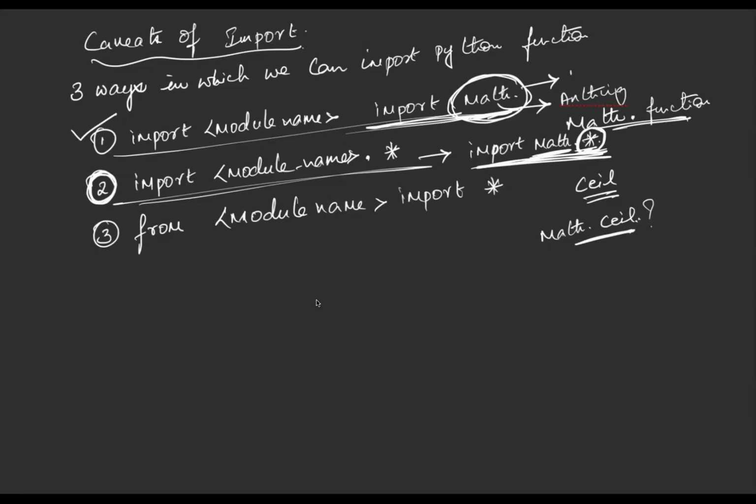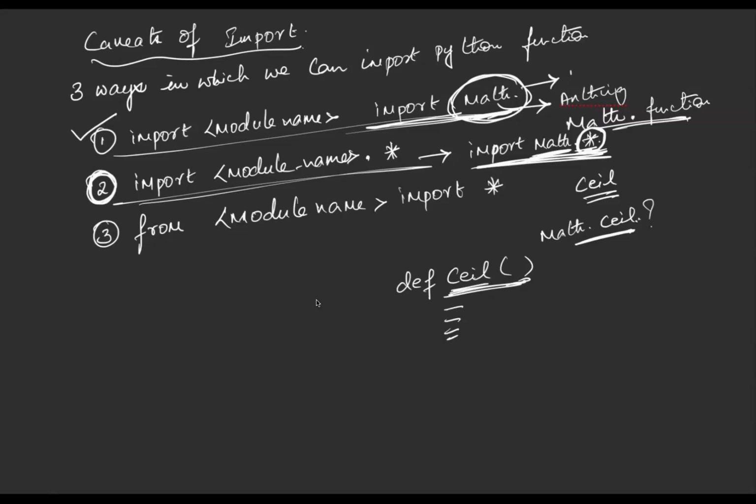The issue with this particular thing is, let us say the developer in his program has defined ceil, right? And gave a separate set of actions for it. Which means the developer has his own flavor of ceil function.